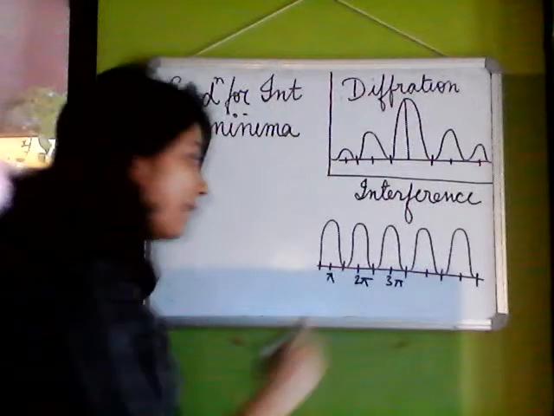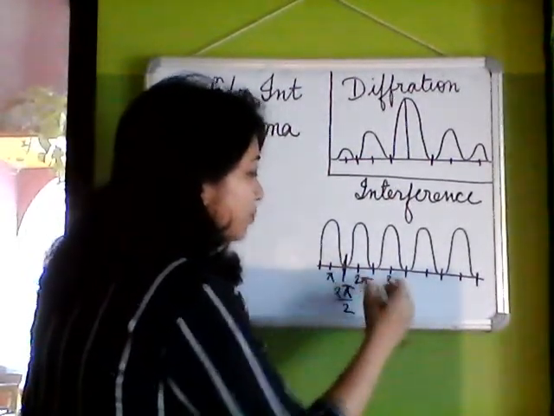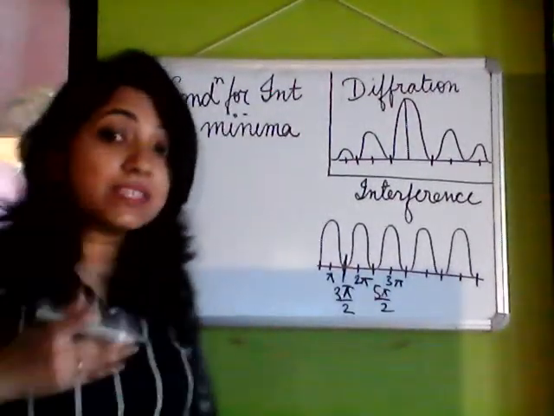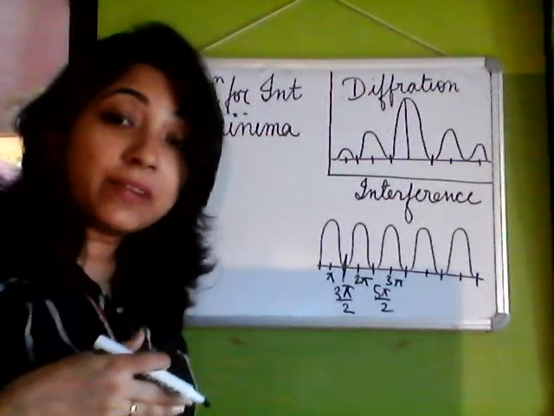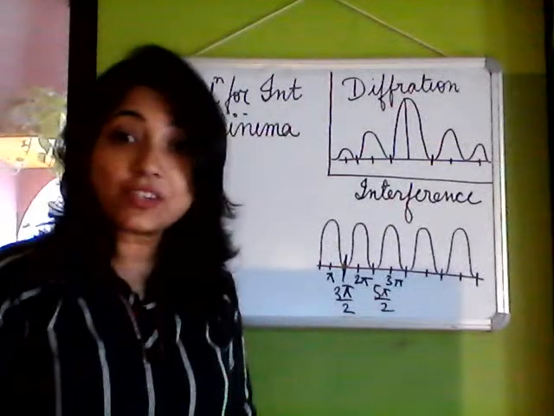On the other hand, I'm going to get the minima at 3 pi by 2, 5 pi by 2, and so on. Just the places where maxima would be received for interference, I would be getting the minima for diffraction.